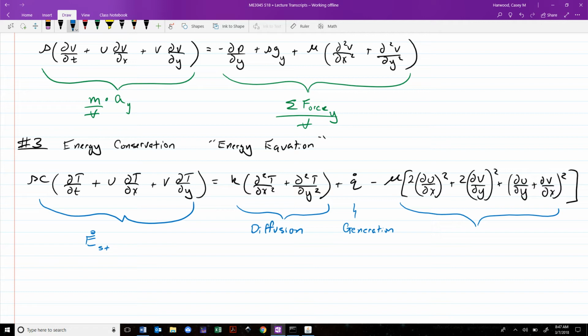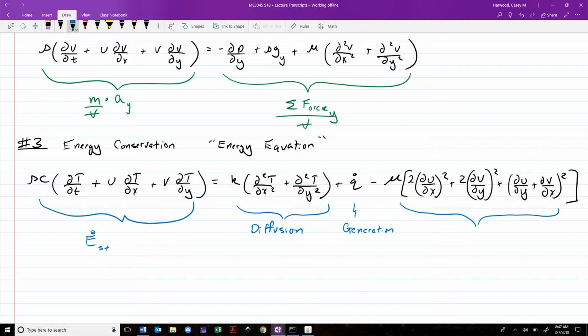Mu is a symbol used to represent viscosity, right? What happens as a result of viscosity? Viscosity combined with shear flows creates shear stresses, also known as friction. Okay, and friction is really good at generating what? Heat. So this can be thought of as a frictional heating term.